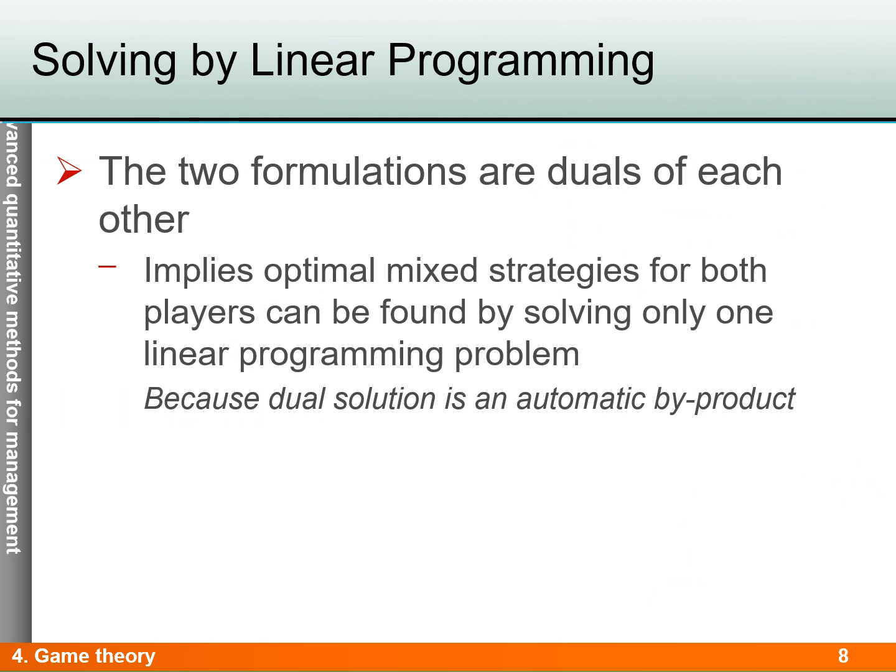This slide is a conclusion of what I told you before, okay? The two formulations are dual of each other, okay? We could guess this one because as I told you, the two players are the same with a difference of one minus. That implies optimal mixed strategies for both players can be found by solving only one linear programming problem, okay?